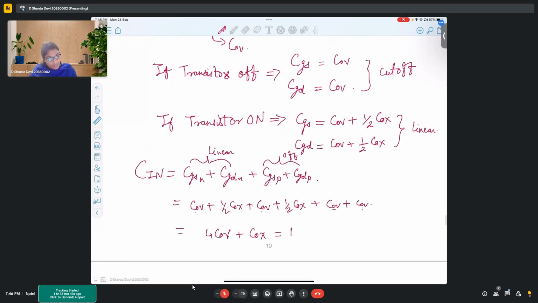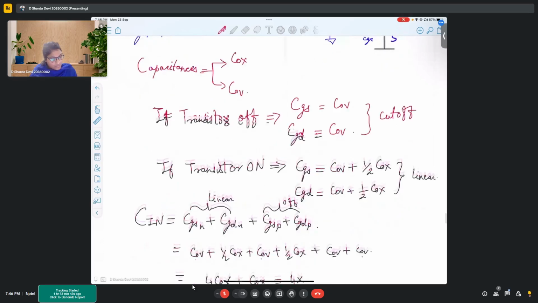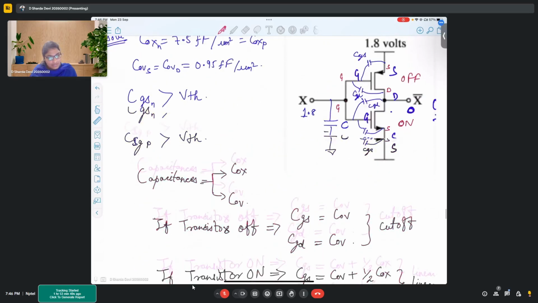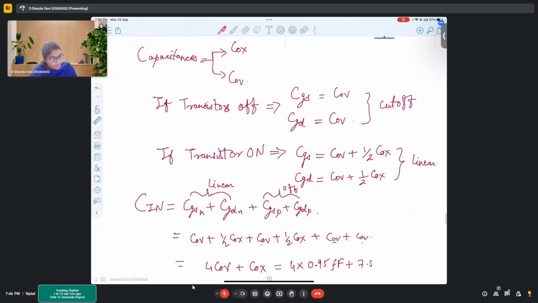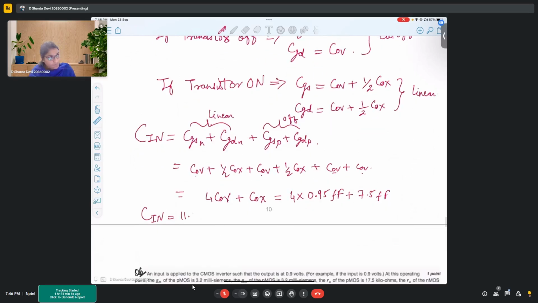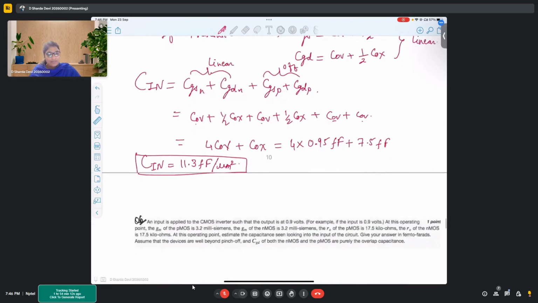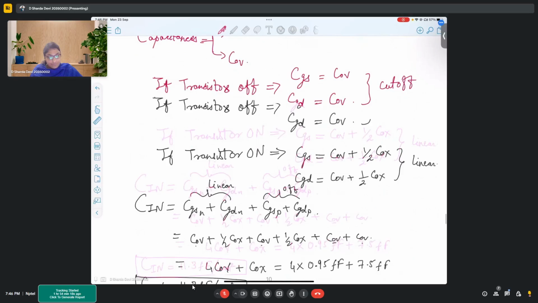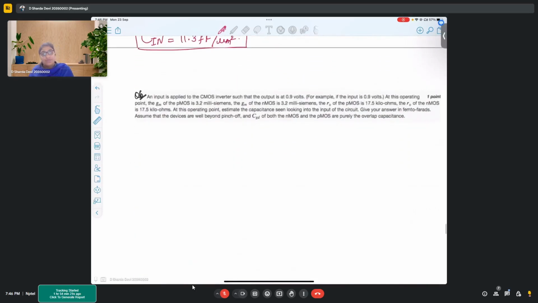And Cox, so it is 4 times 0.95 femtofarad plus 7.5 femtofarad. So the capacitance at the input terminal is 11.3 femtofarad per micrometer square. Okay, is this clear? Yes, ma'am. So with this, let's move on to the next problem.